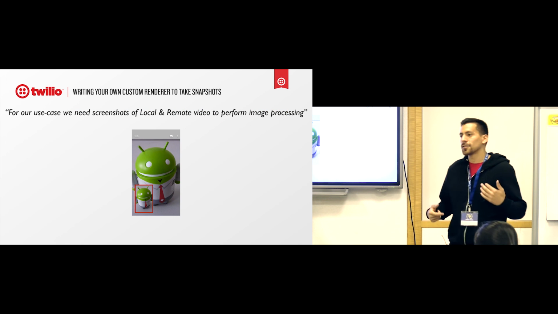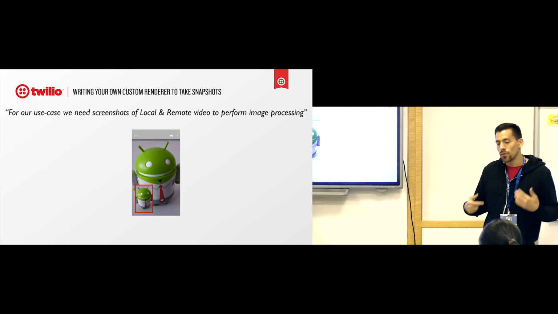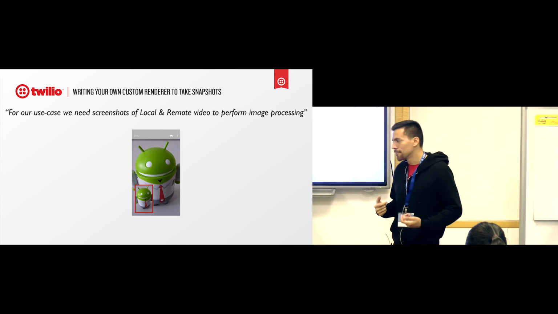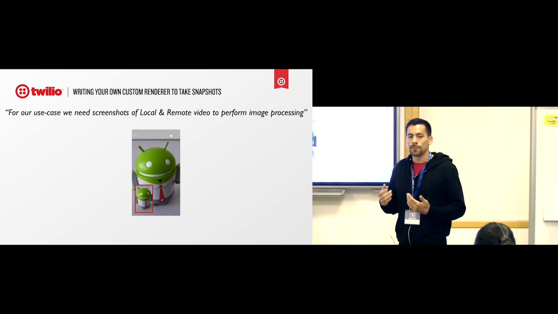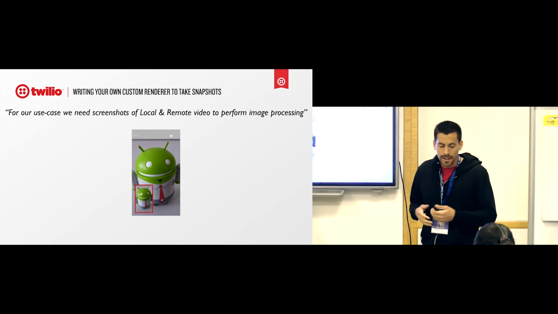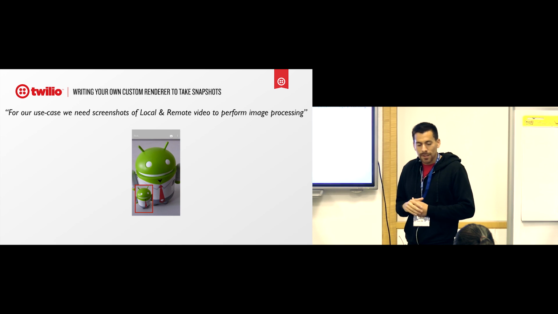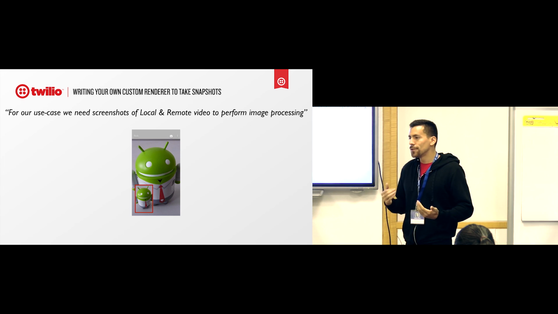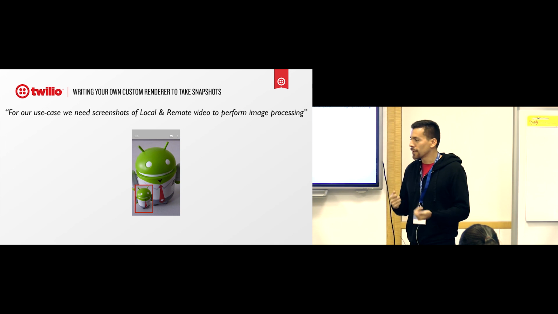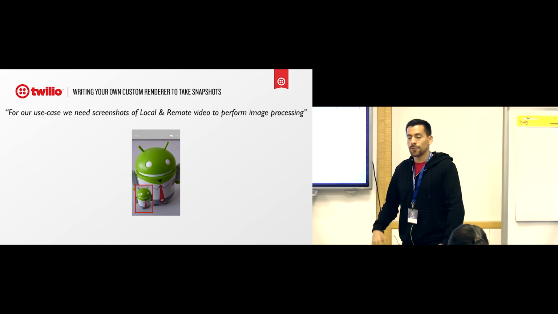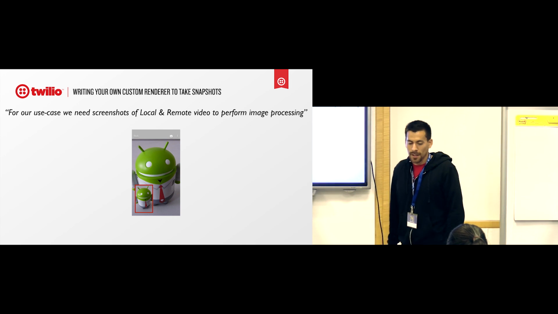Recently, I've gotten quite a few requests for a particular feature that required thinking about how to write a custom renderer. This customer reached out to us and said, we want to do some image processing on the frames that we're getting, in some cases on the local streams or even on the remote streams.